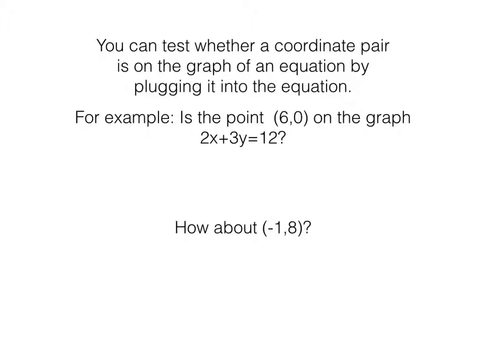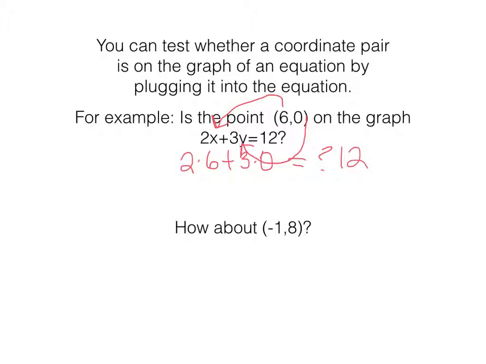Well, it's very simple. We just plug those numbers in. Since 6 is the x value, I would put that in for x. 0 is the y value, and I'd throw that in for y. So let's see. 2 times 6, which was my x value, plus 3 times 0, which is my y value, does that equal 12?